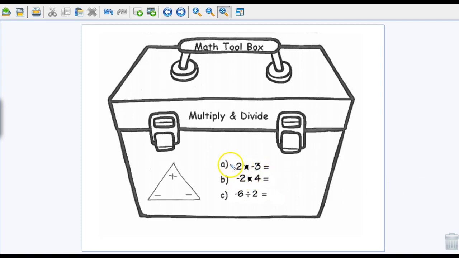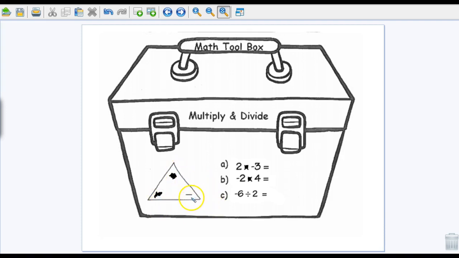So before we even do any multiplying, we're going to find out if it's going to be a negative or positive answer. So this is a positive, right? So I'm going to cross off the positive. And my next number is negative, so I'm going to cross off in this instance the negative.